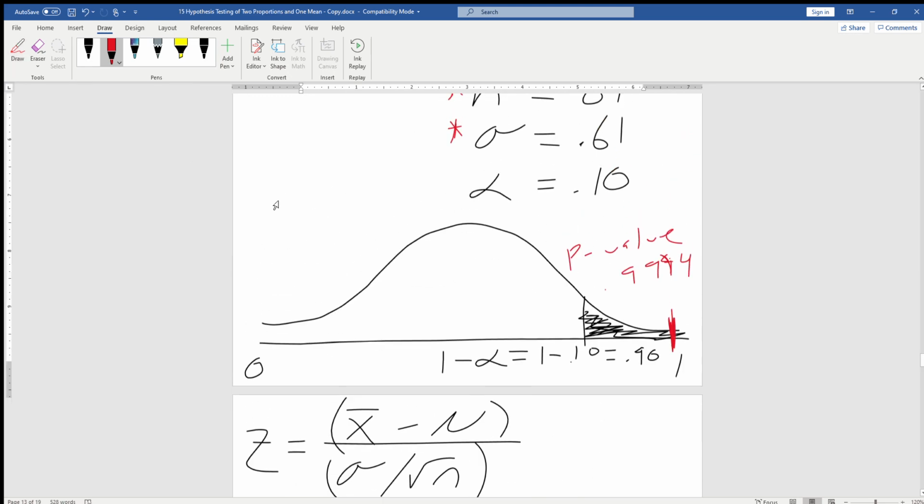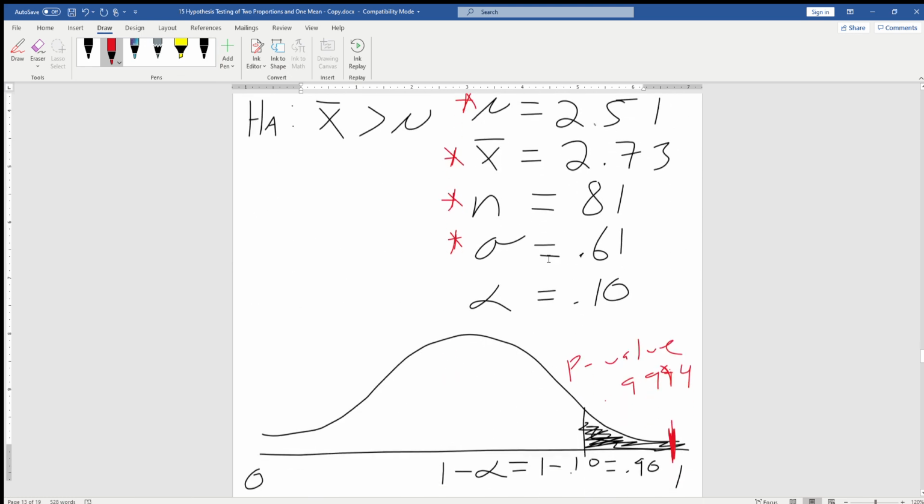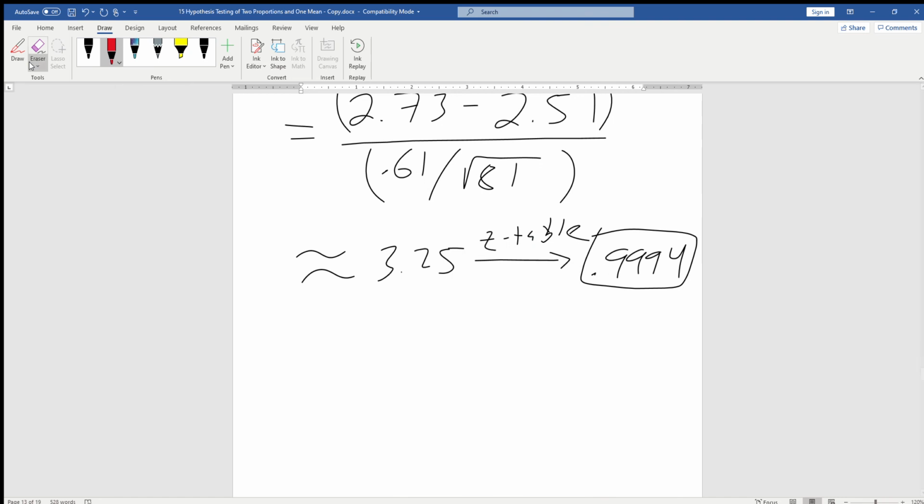All right, so as I've done before, I'm going to go up and copy the question, out of sheer convenience. And we're going to say that since the p-value falls in the reject region, we reject the null hypothesis.